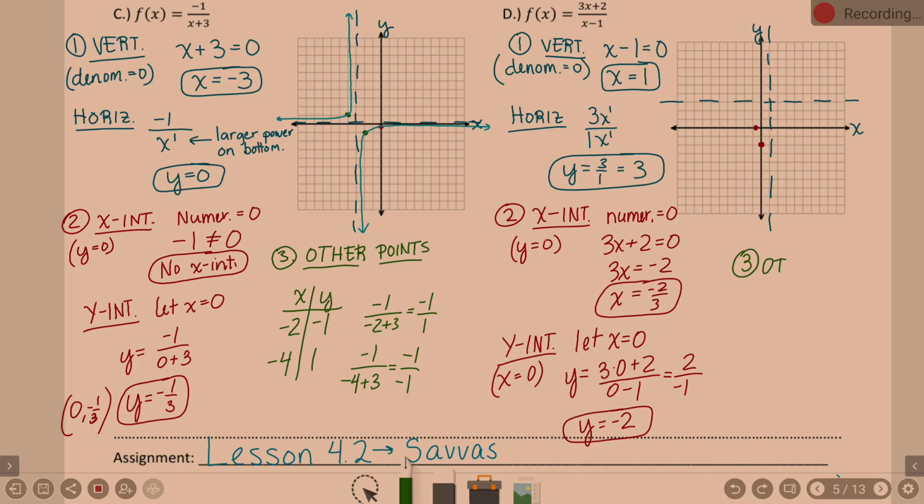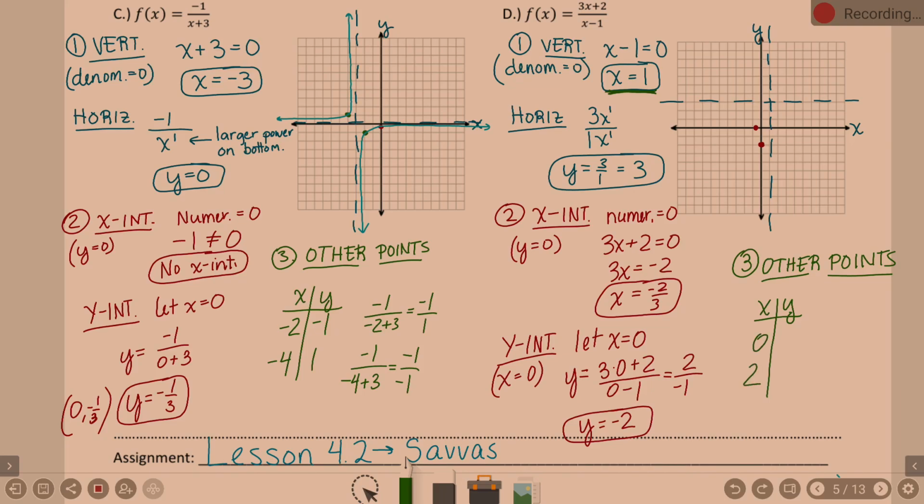If you try some other points, what other points could we try? I keep suggesting you go either side of your vertical asymptote. What numbers are on either side of my vertical asymptote? 0 and 2.